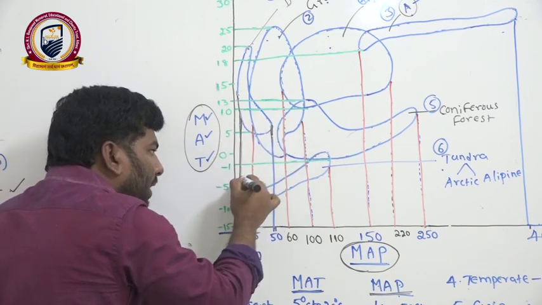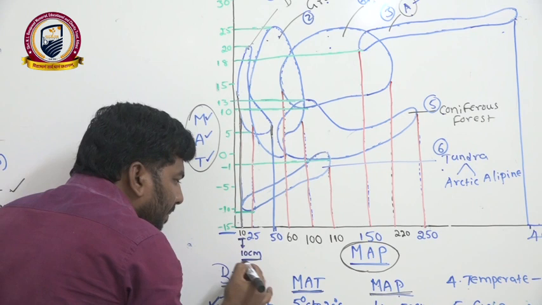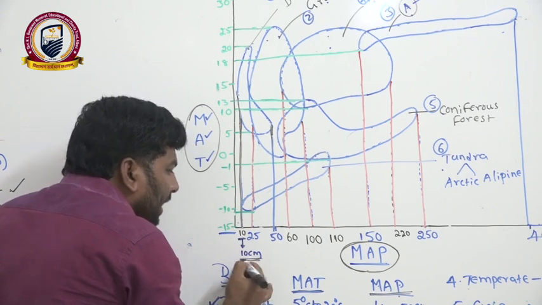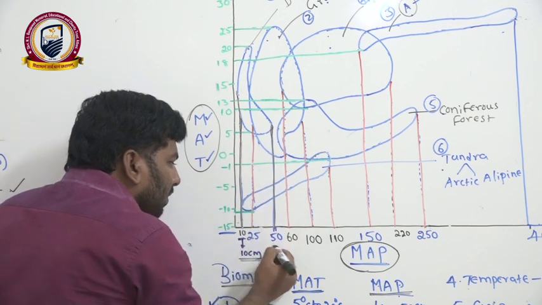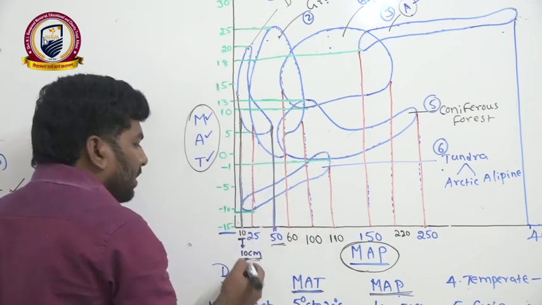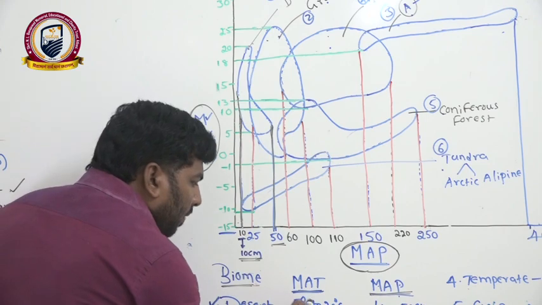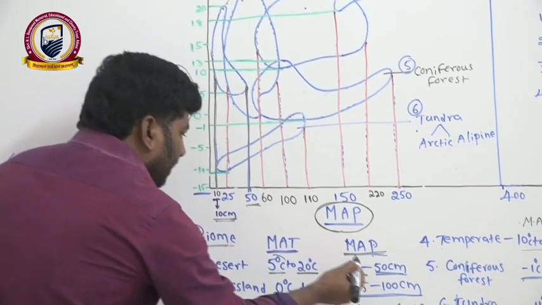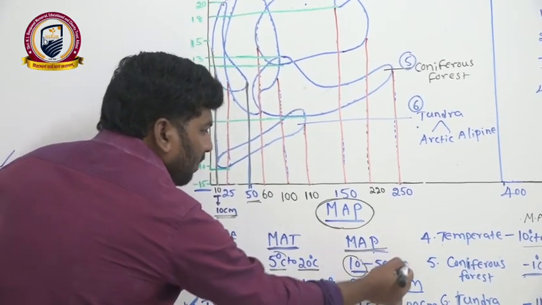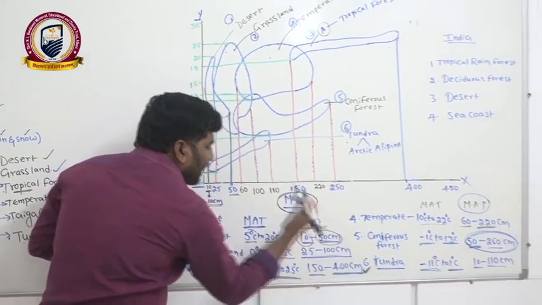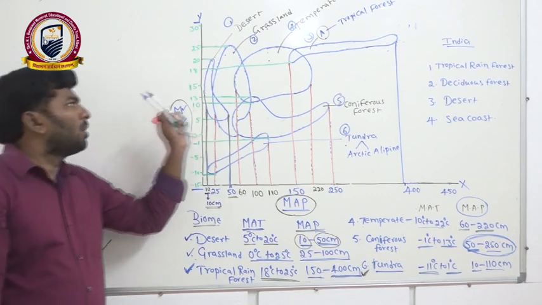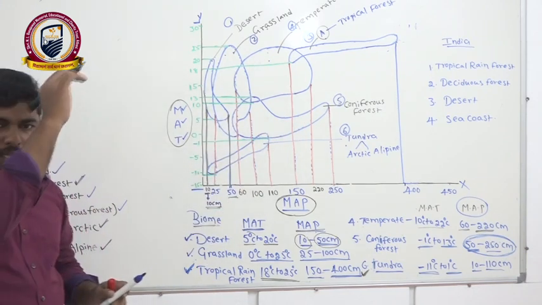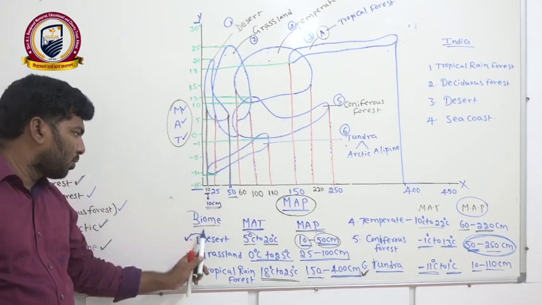Starting point we have drawn the line, that is 10 centimeters, and ending point, if you take the line here, you will get 50 centimeters. That's what we are given here. Here 10 centimeters to 50 centimeters rainfall is there in the desert biome. Like as all the biomes, we have to draw the lines for the precipitation as I showed here.